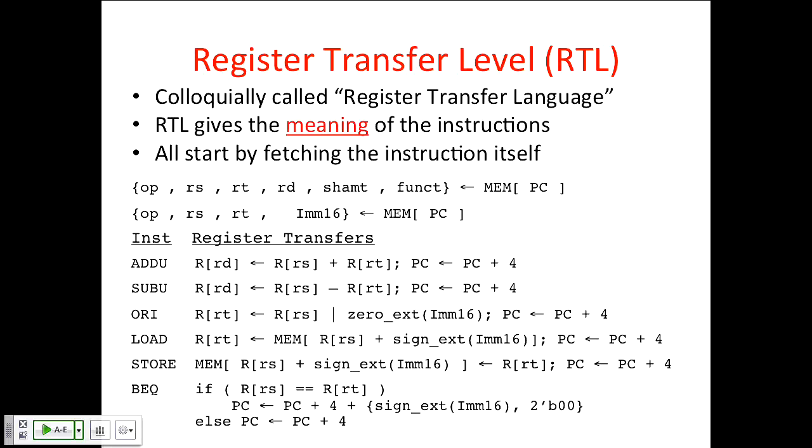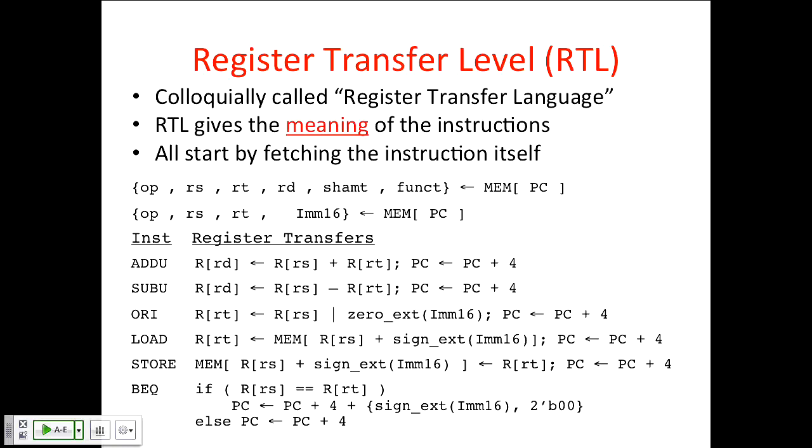There's some syntax here. Just think of this as pseudocode. We're not going to give you a formal language here. It's just a shorthand for describing what goes on. The curly braces with a bunch of fields are a way of saying there's a whole bunch of bits here, and the elements within, separated by commas, are the different fields within that collection of bits.